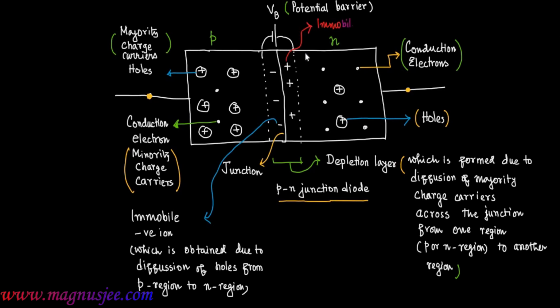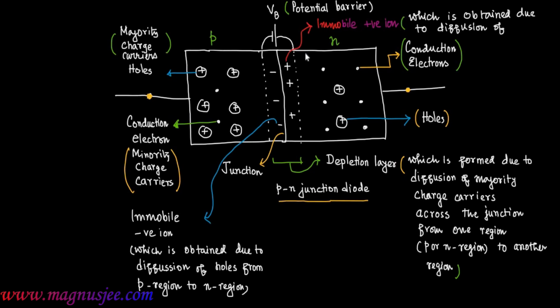The immobile positive ion, which is obtained in what way? Please explain. Anyone? In what way is the immobile positive ion formed in the depletion layer? Give a response, which is obtained due to diffusion of what?